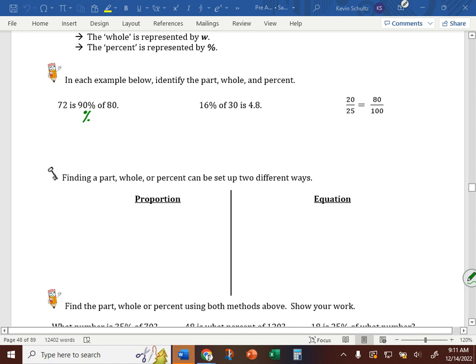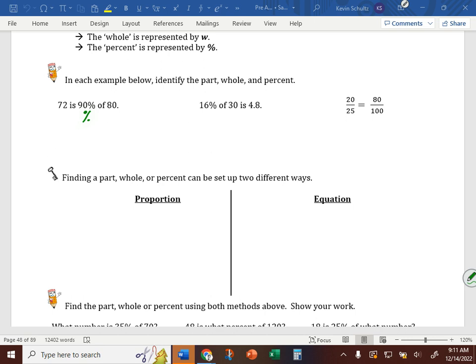The part and the whole, though, can be a little bit difficult. How can we identify, in a situation such as this, what is the part and what is the whole? There's a trick, thankfully, that we can use here. Anyone know what it is? It has to do with the words is and of, particularly of.